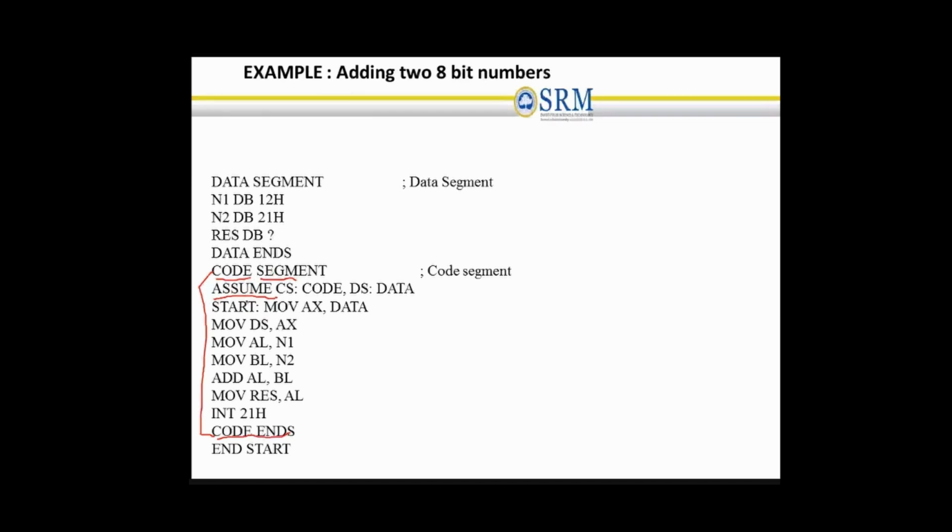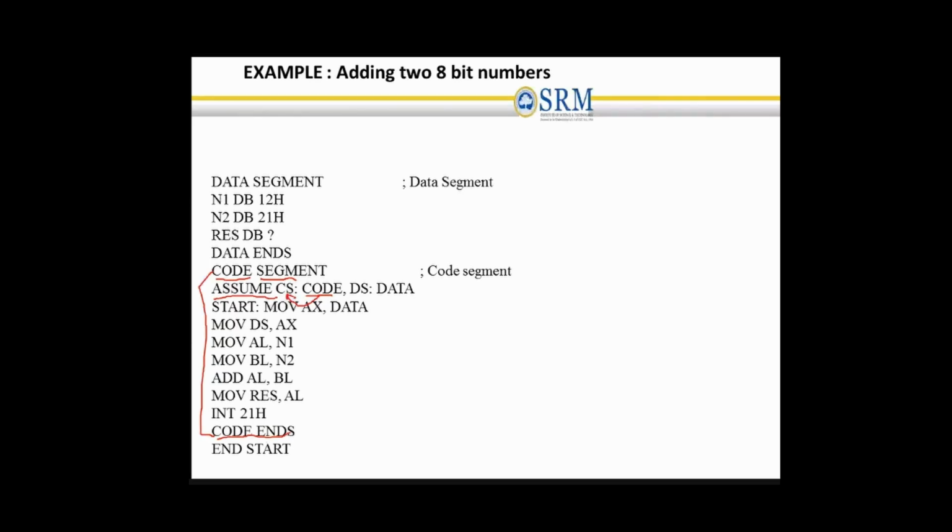Now, assume is the assembler directive. What you are telling is, what name I have given for code segment? Code. In this place, you can give your name also, it will work. The only thing you should do is, whatever name I have given for code segment, this is an alias name. So, assume this code for CS. What is the CS? In the register set, we have seen in 8086 architecture, code segment, CS.